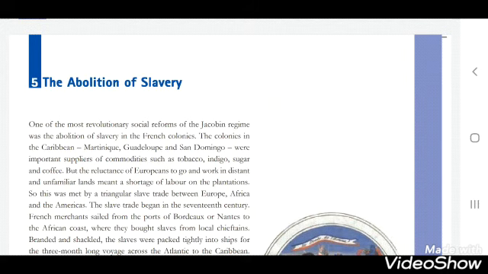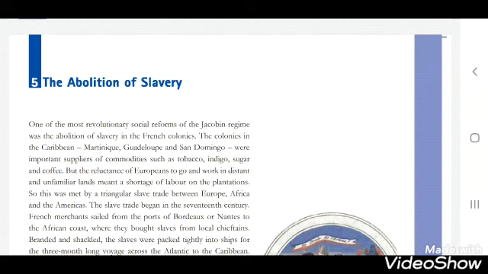This slave trade began in France in the 17th century, as French merchants sailed from the ports of Nantes to the African coast, where they bought slaves from the local chieftains, packed them tightly in the ship, and sold them in the islands of America, where they were sold to the plantation owners.